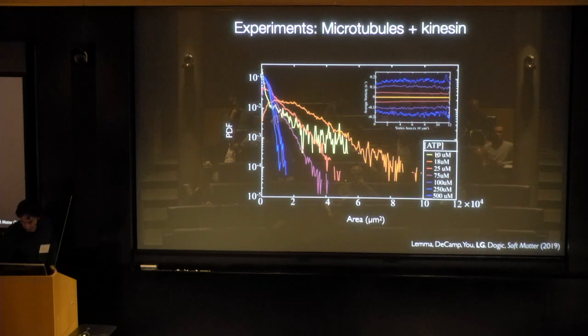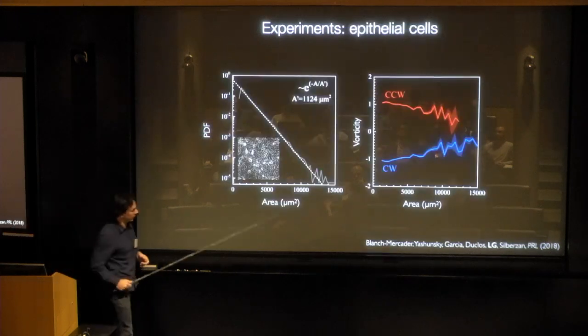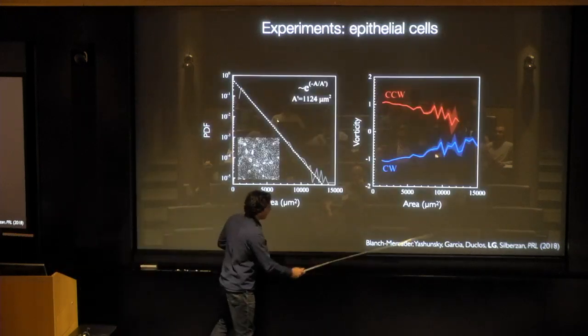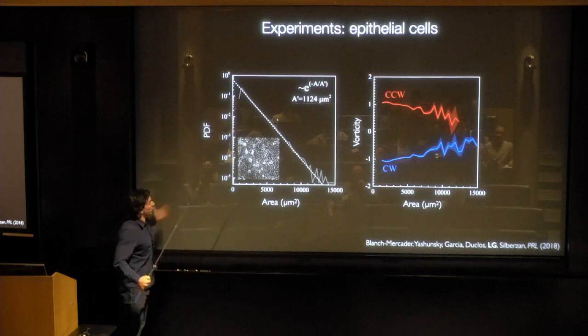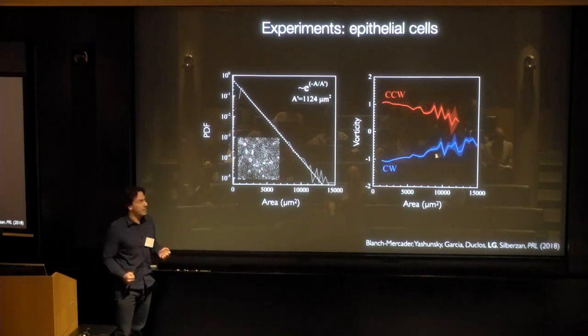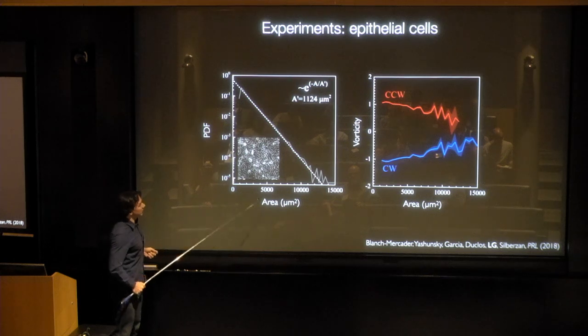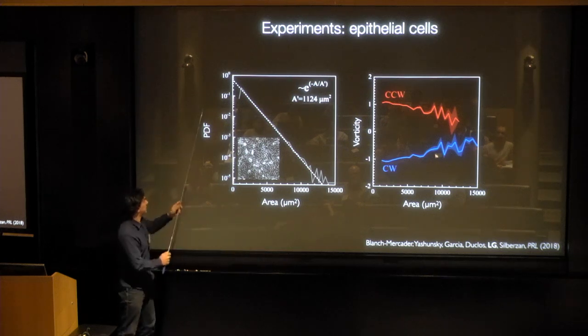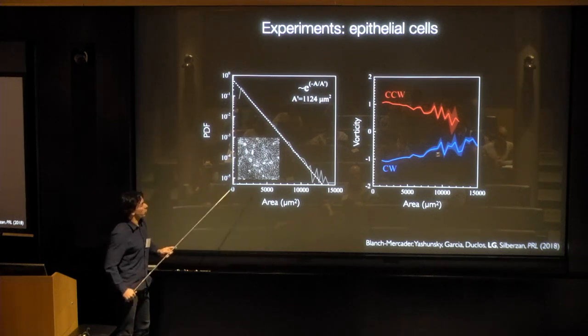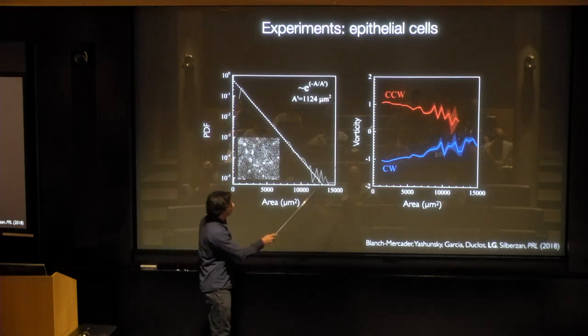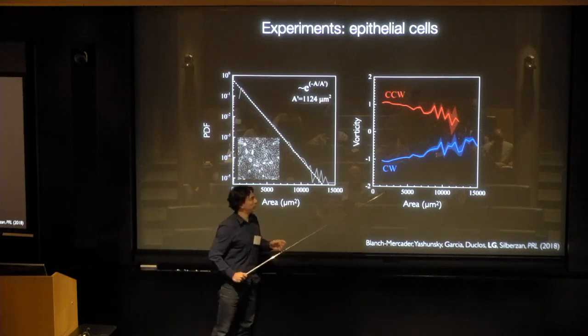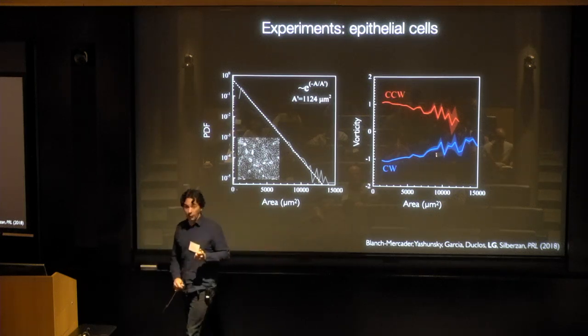Last but not least, this is a recent experiment of the group of Pascal Silberzan at Curie, and to my immense surprise, they managed to recover the very same features even in epithelial cells. That's again the probability distribution function of the vortex area, and those are the vorticity for counter-rotating clockwise and counterclockwise vortices.